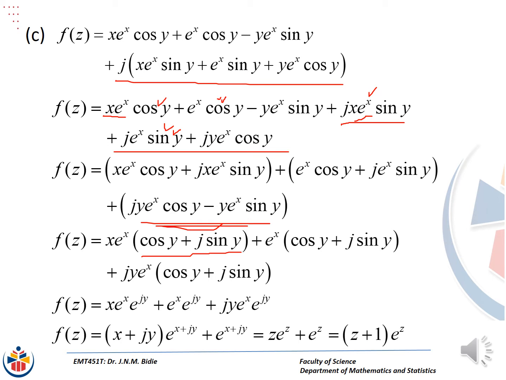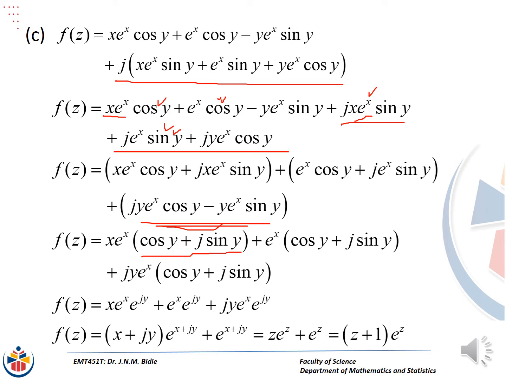Here we know we have to have cos, not j cos. So we take out j y e to the power x, so that we're left with cos y in the first term. But then the second term does not have j, instead it's got a negative sign.